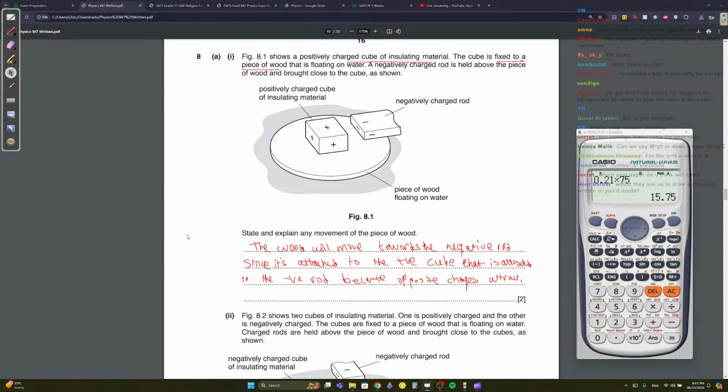This is nice, 2 easy marks. The wood will move towards the negative rod since attached to the positive cube that is attracted to the negative rod because opposite charges attract.